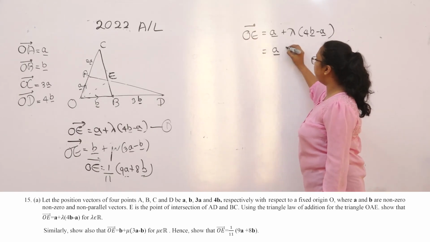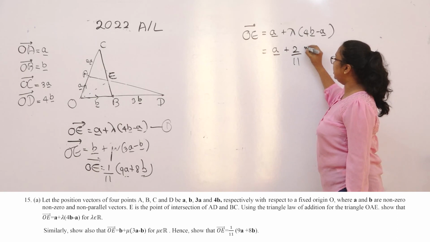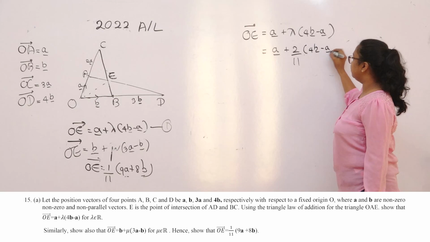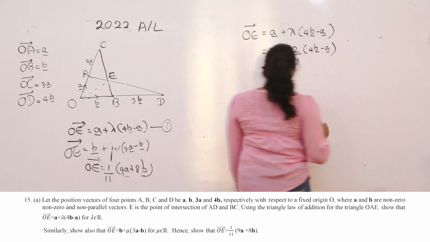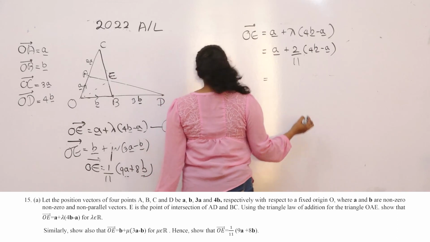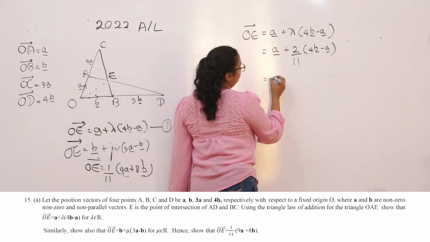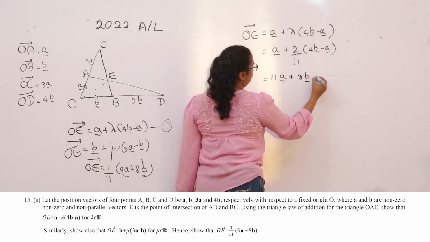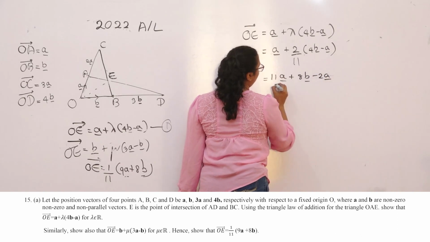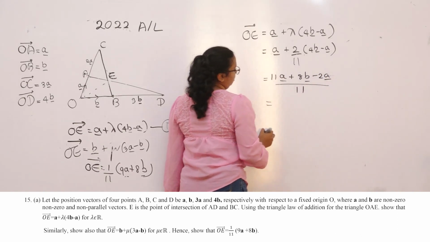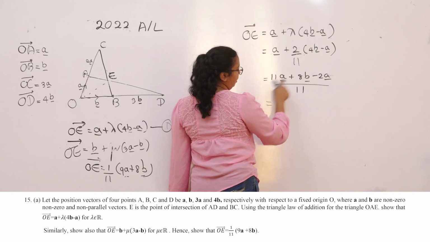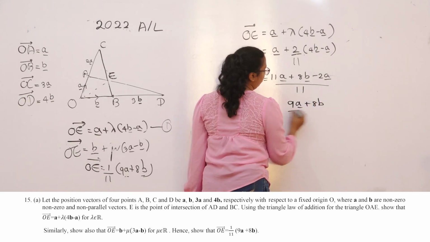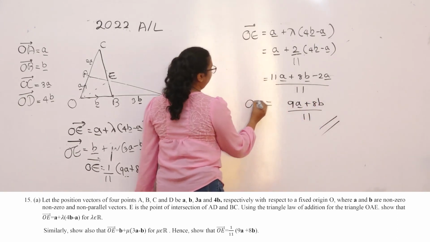So, we got that lambda is equal to 2 over 11, times 4B minus A. Right? Now, take the common denominator as 11. There you are getting 11A plus 8B minus 2A over 11. Right? So, that means 11A minus 2A means 9A. 9A plus 8B over 11 as the answer for OE.